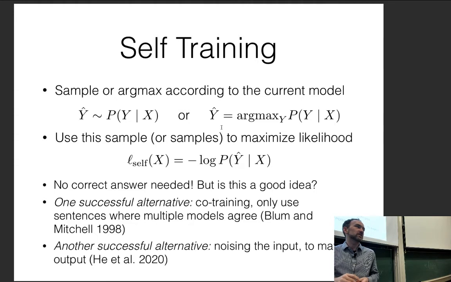Basically, you have a noisy output because your model makes mistakes, but if you also make the input noisy, that helps prevent overfitting to these mistakes in the output. This was surprisingly successful. I wouldn't have expected this to work as well as it did. But that's a nice recent paper that's going to be coming out at ICLR very shortly.